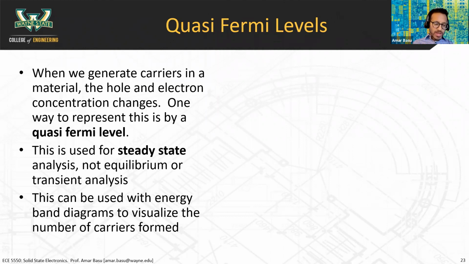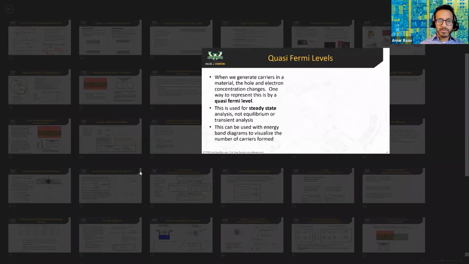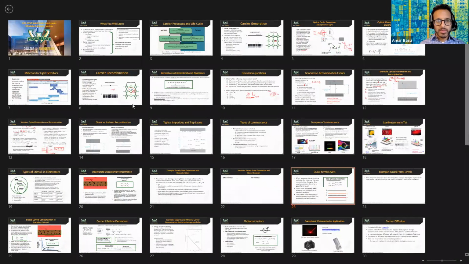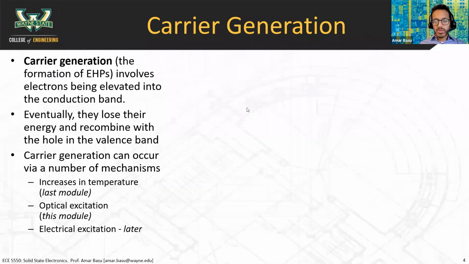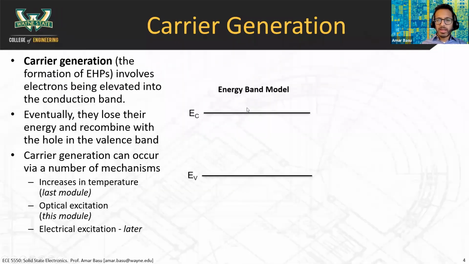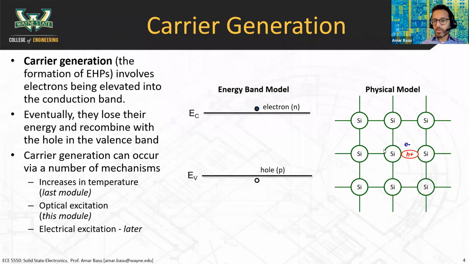So when we create excess carriers with light, in the physical model, we think that light hits the semiconductor and it generates an electron hole pair.